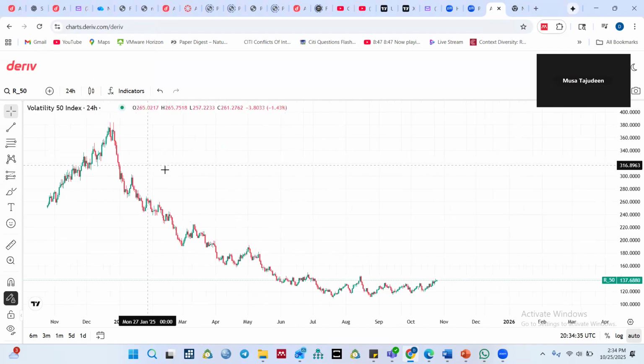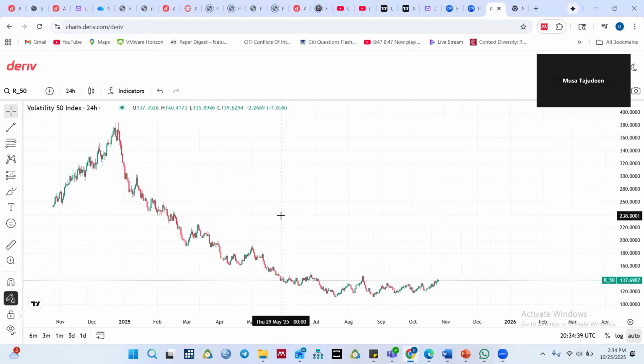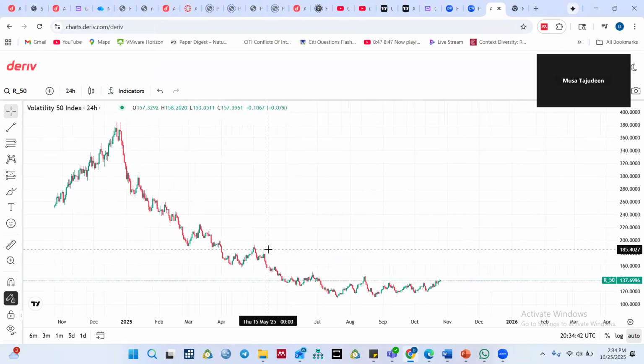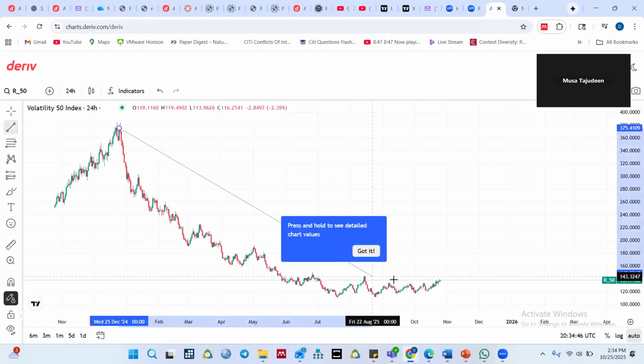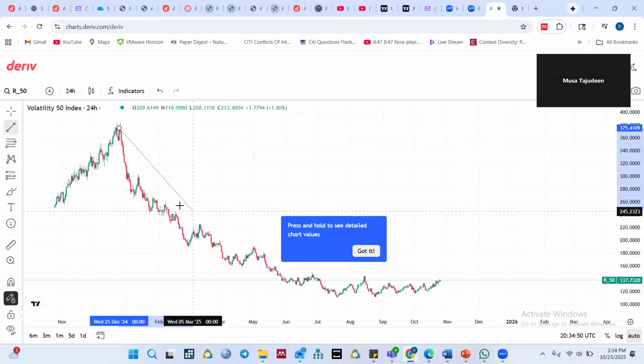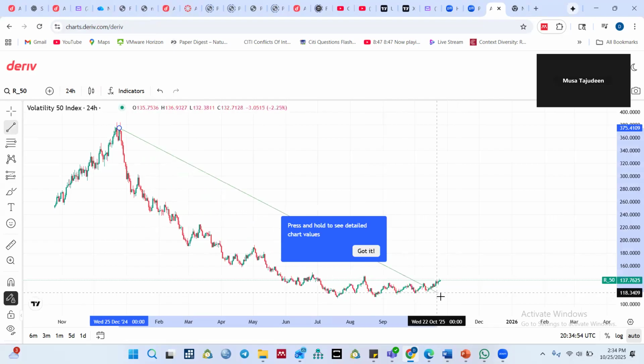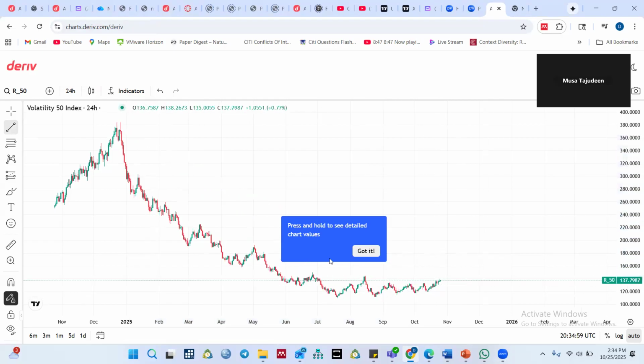Perfect. So this is the 50 index on 24 hour that we have. From the way it looks, we can see that it's on a downtrend. It's been selling from last 2024, November, December up to now.